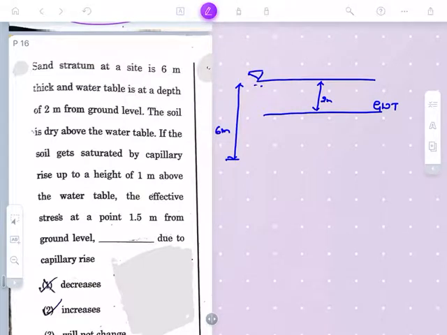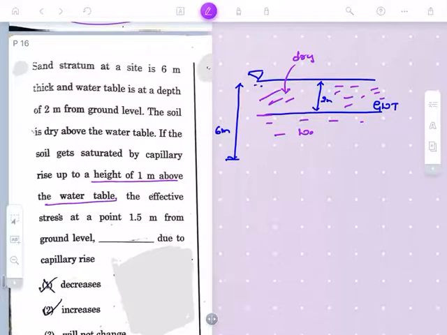Is it okay? Fine. The soil is dry above the water table. Above the water table the soil is in dry condition. If the soil gets saturated by capillary rise, of course there will be water. If water is present here, there will be a capillary rise where the dry soil is going to get saturated.